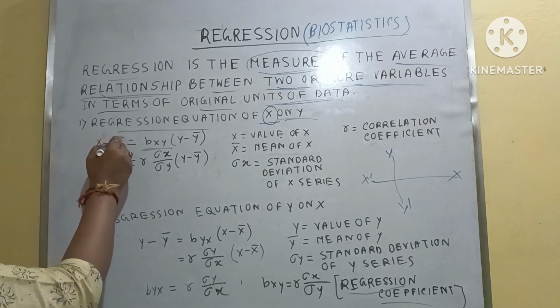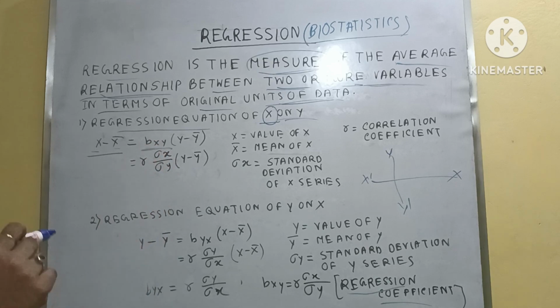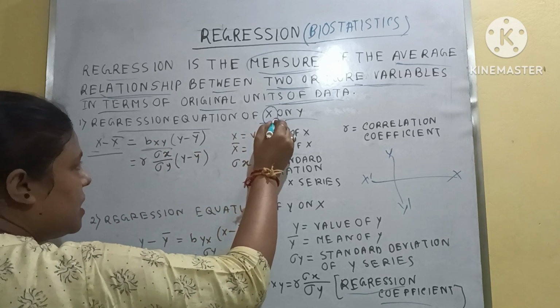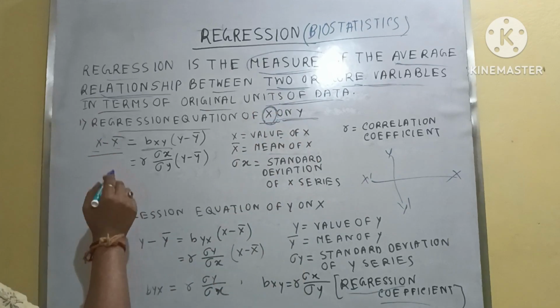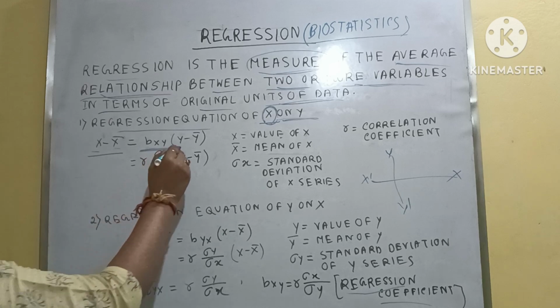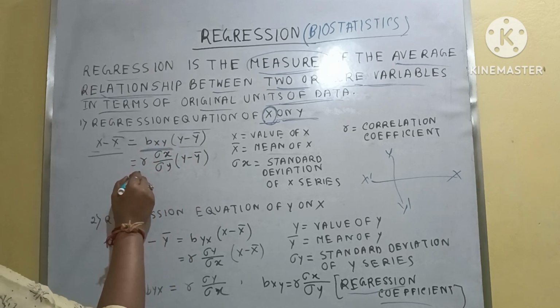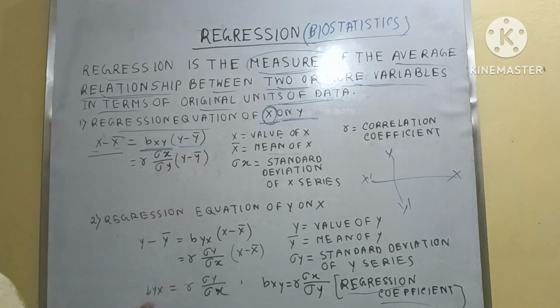Look carefully: when the equation is of x on y, the coefficient is bxy, which is r sigma x by sigma y. So x minus x bar equals bxy into y minus y bar.